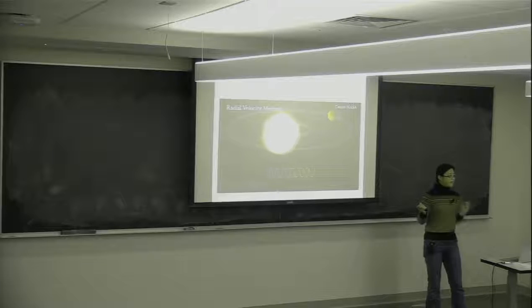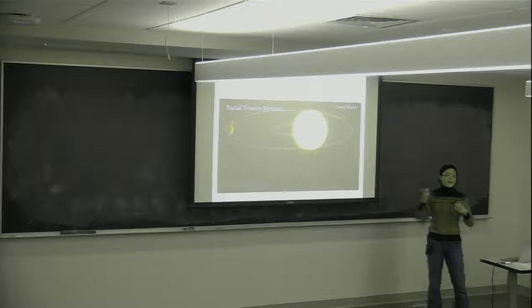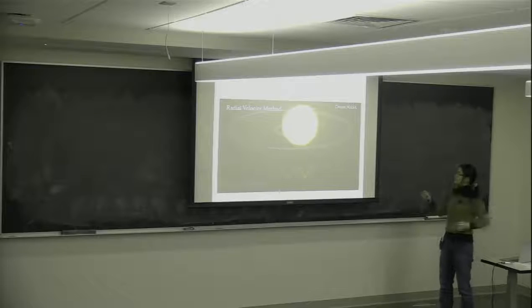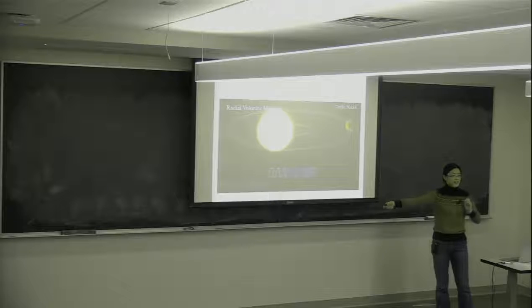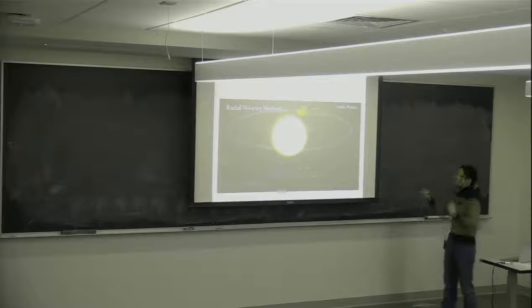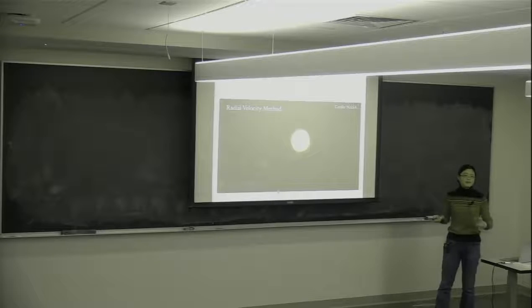This motion can be detected from the Doppler shift of the light emitted from the star. So if it is moving away from us, the light is redshifted, and if it is moving towards us, the light is blueshifted. And from this Doppler shift, one can tell there is an unseen smaller mass companion.